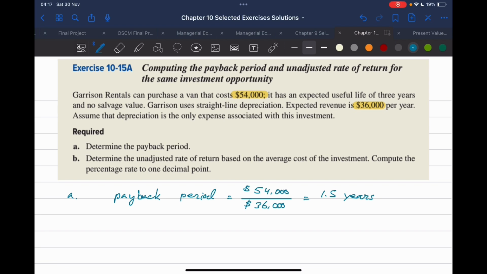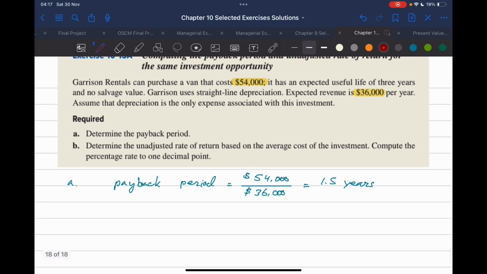All right. Now let's see what B wants. B says determine the unadjusted rate of return based on the average cost of the investment and compute the percentage rate to 1 decimal point.